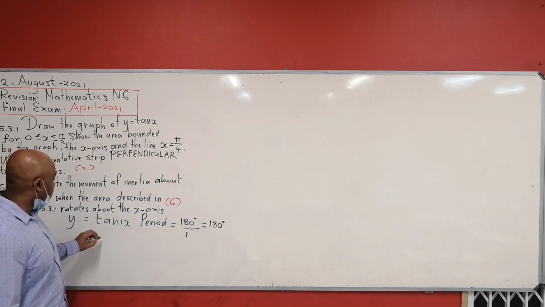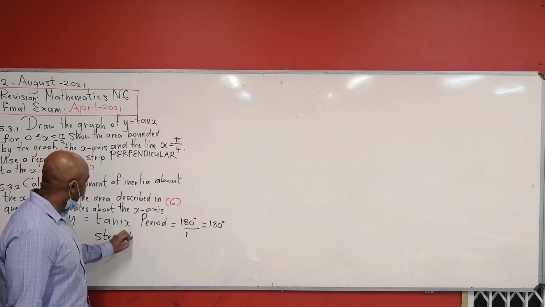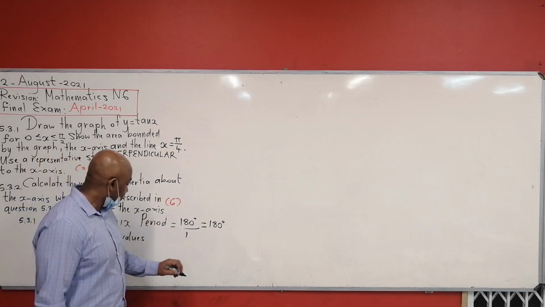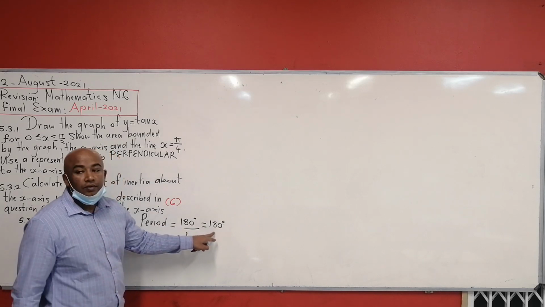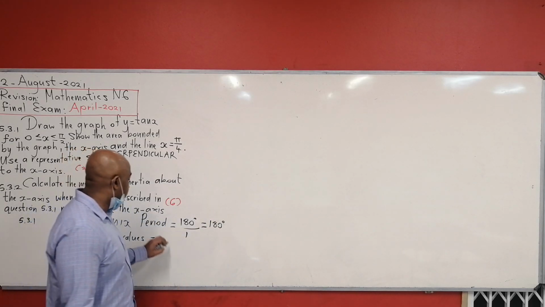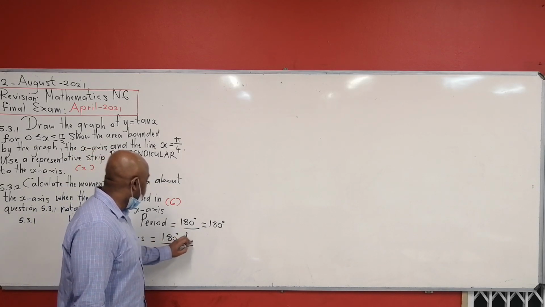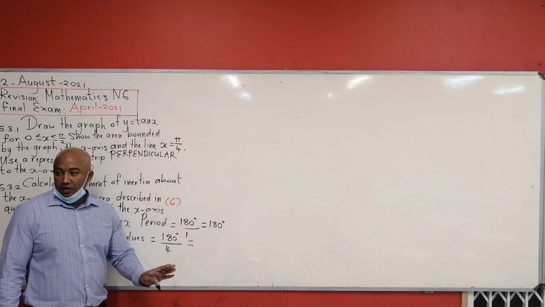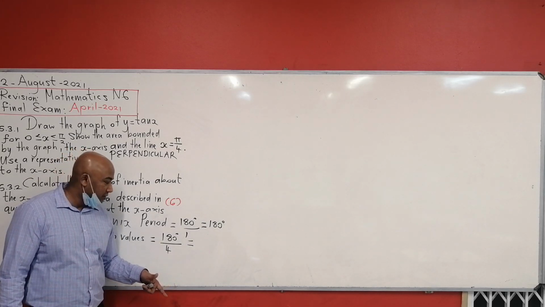Then we work out our step values. Step values are always the period divided by 4. So that's 180 divided by 4.